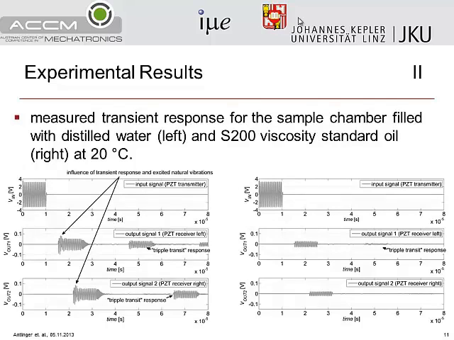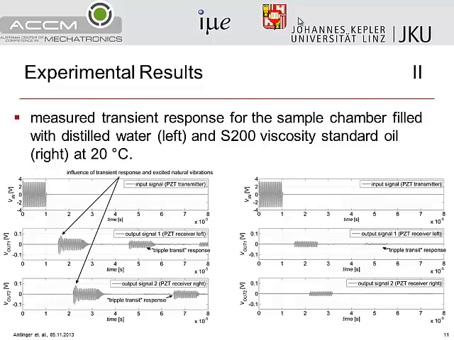Here you can see, for example, the measured transient response for the sample chamber when it's filled with distilled water on the left side, and with S200 viscosity standard oil in the right picture, both at a temperature of 20 degrees. As expected, as water has a much lower viscosity than the S200 viscosity standard oil, the damping in water is much lower.